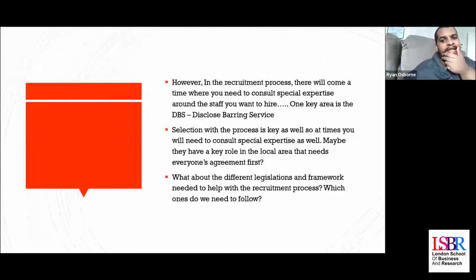And selection within that particular process is key, because when you go and look for special expertise, they may have a key role in the local area that might need everybody's agreement. Within the area, you will have certain types of people who work with different people, and so for them to bring the right people in, they also may have a say.